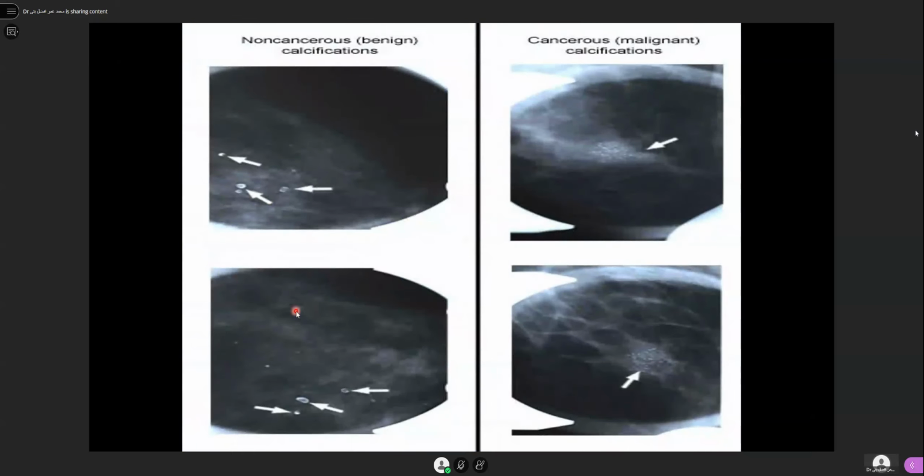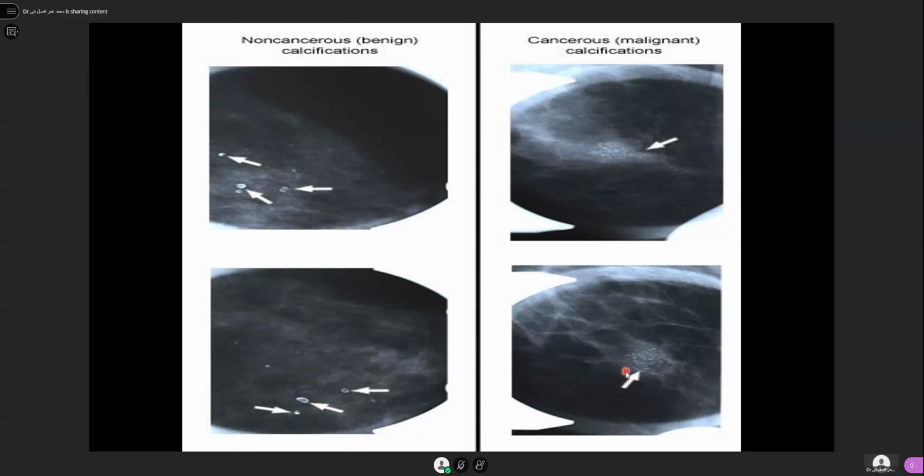These are a few images of calcifications, showing you macrocalcifications. You can see these are big calcifications. Basically, these are vascular calcifications. Whenever you see a round calcification with central lucency, these are vascular calcifications. They are benign calcifications. And you can see there is a radiopaque mass with tiny specks of calcification.